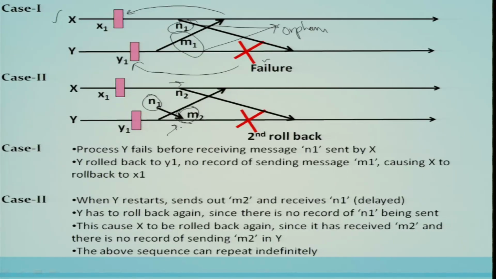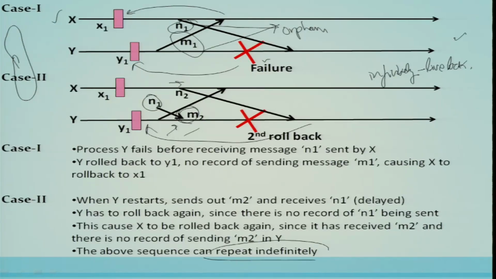Because its send is undone and it is going to be received over here, and this will trigger the second rollback. Then step number 1 will be repeated, and steps 1 and 2 will be repeated infinitely, and this will lead to a Livelock problem. So the above sequence can repeat indefinitely, and this is basically the Livelock.